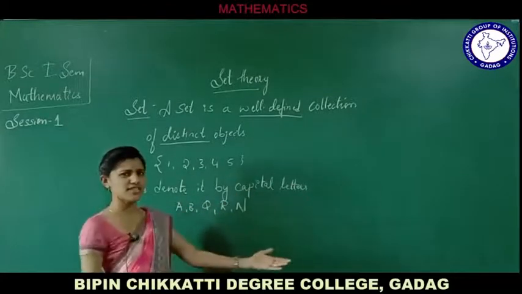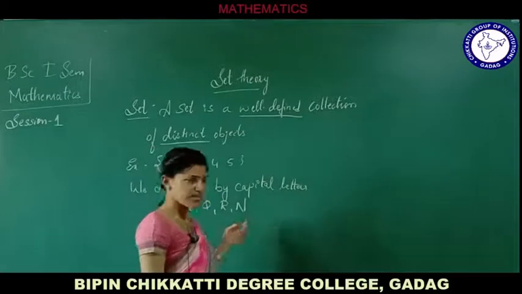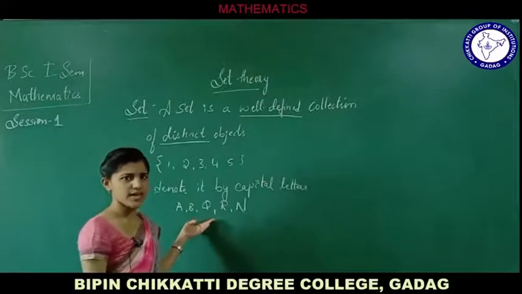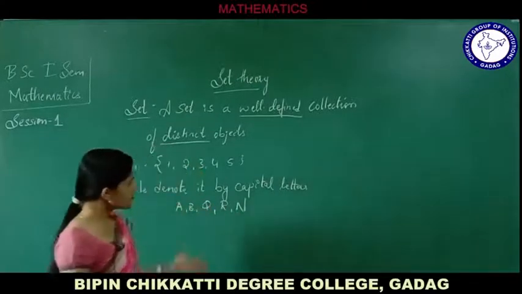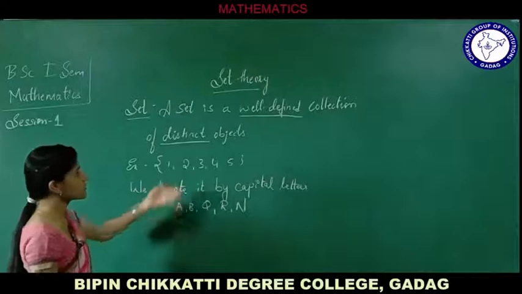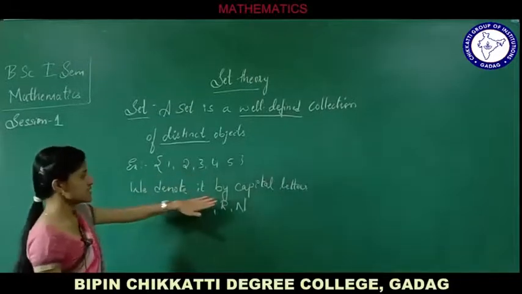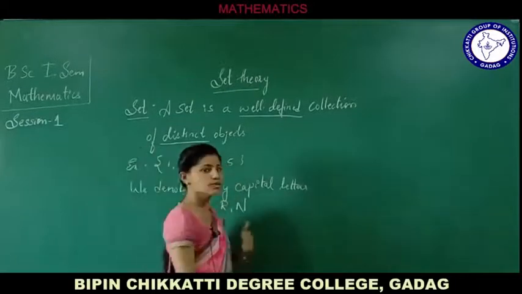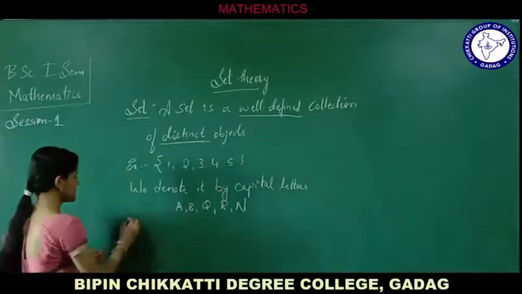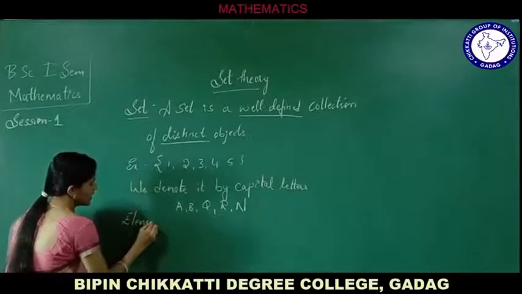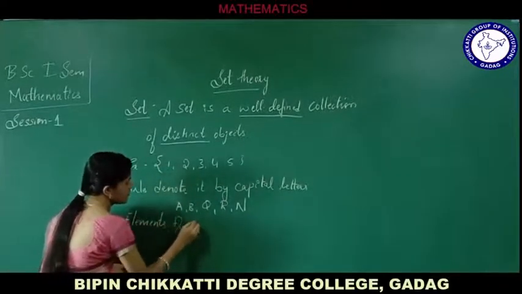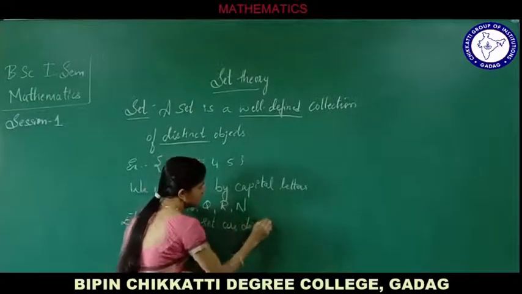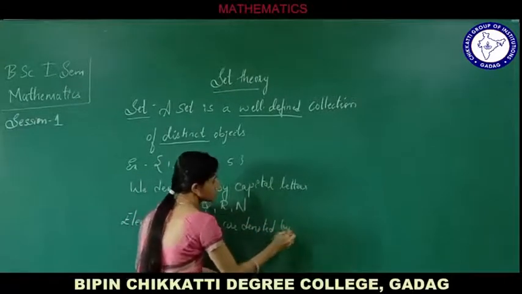We all know a few general notations: N is natural numbers, R is real numbers, Q is rational numbers and so on. But how are we going to denote the elements of a set? A set is denoted by capital letters, whereas the elements of a set are denoted by small letters.